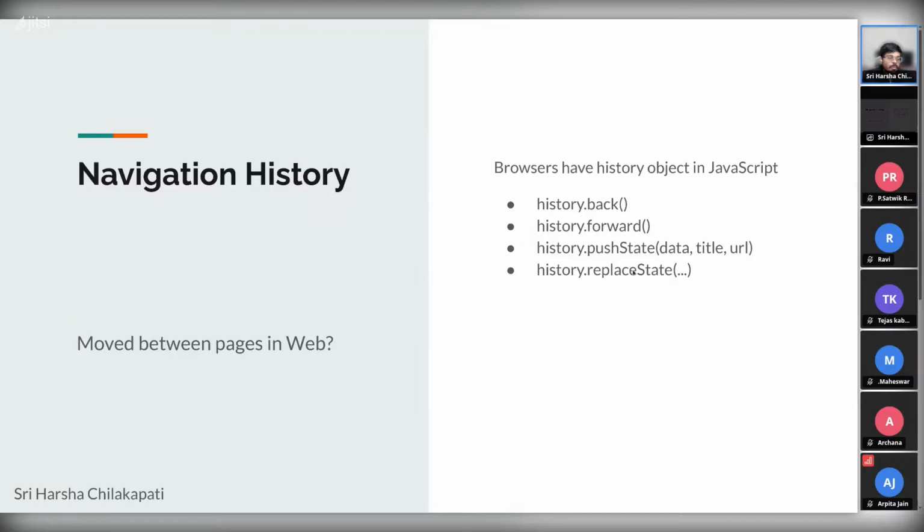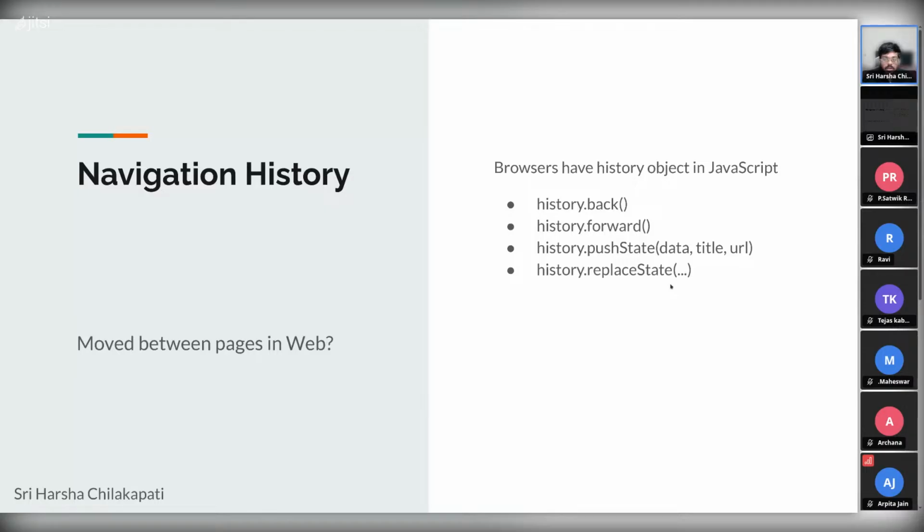Now, what about web pages? All the browsers have a history object in JavaScript, and from JavaScript you can call history.back or history.forward, which are the back and forward buttons in your browser. You can also add history, like history.pushState, with whatever data you want, the title and the URL.